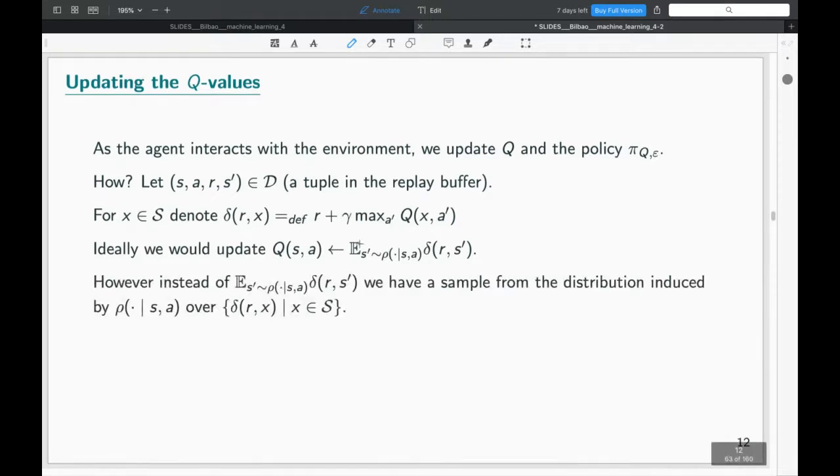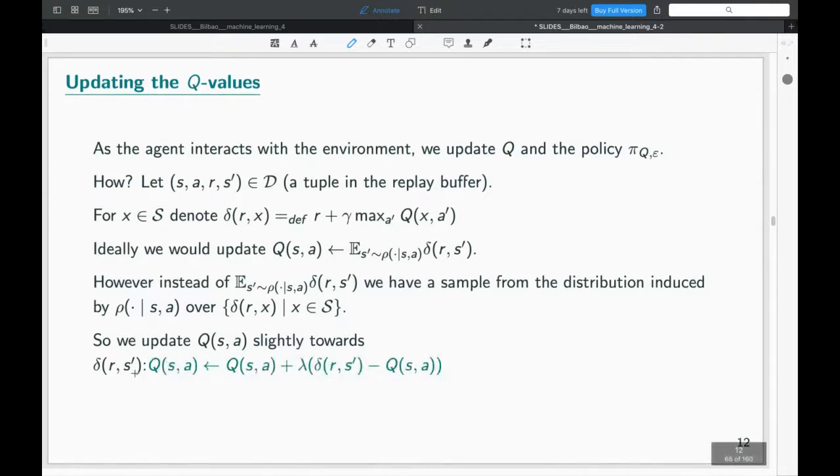However, we don't have this expectation because we don't know rho again. So instead of this expectation, what we have is just a sample of these deltas. So instead of having the average delta, we have a sample of delta. So what we do is we just update Q(S,A) a little bit towards this delta.